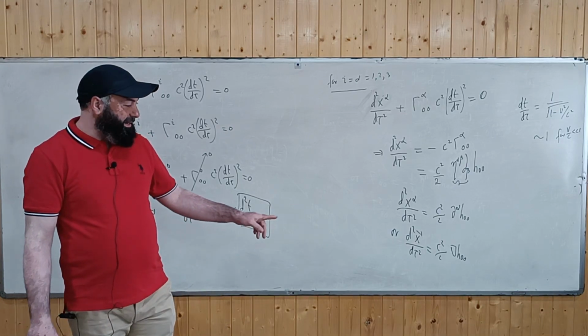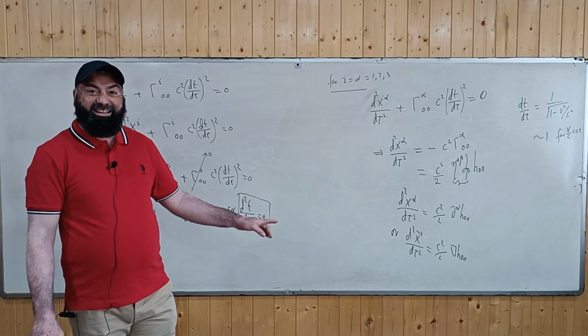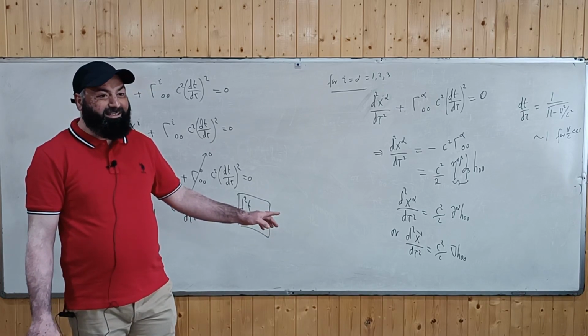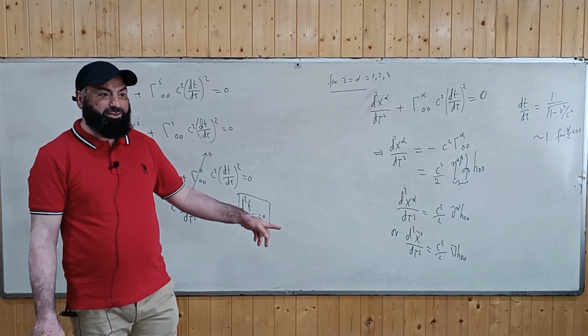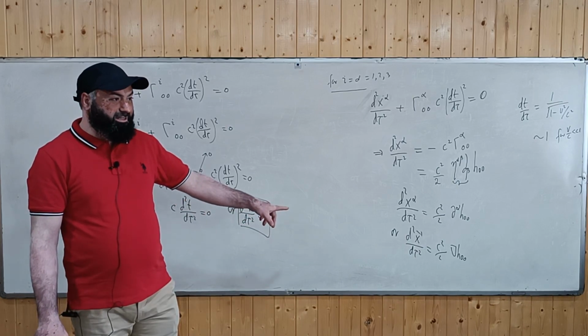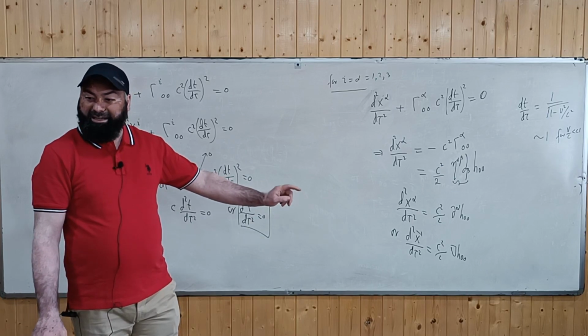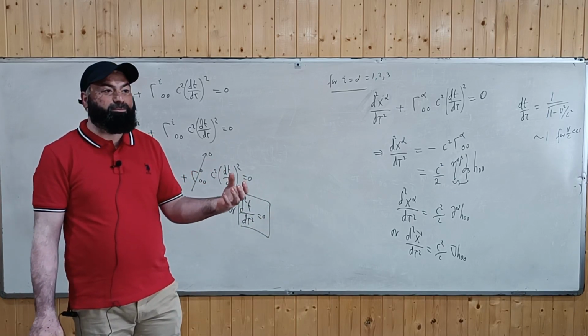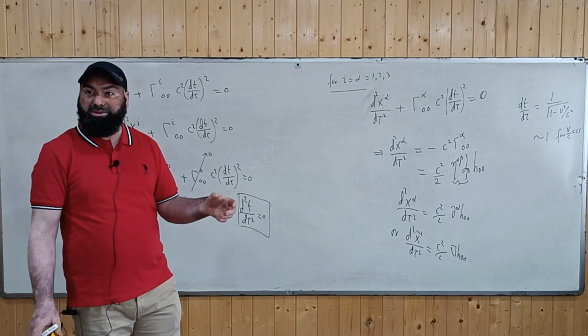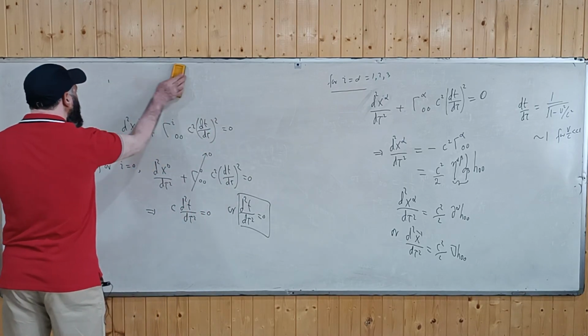Now if you see, the left hand side is the same as in Newton's equation of motion, the acceleration of the particle. And what is on the right hand side? The gradient of h_00.